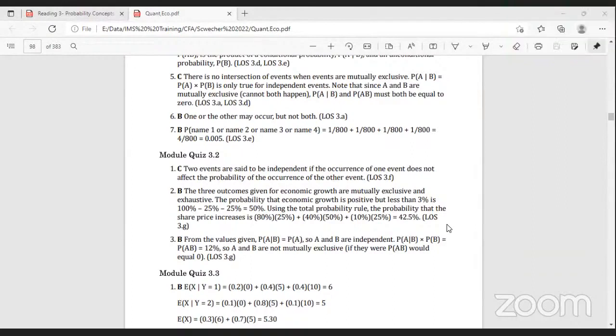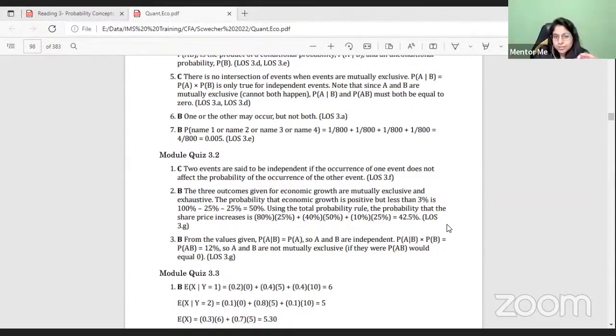Ma'am, I just have a question. At the starting of the question, it was written that there is an 80% probability of the share price going up if economic growth is more than 3%.